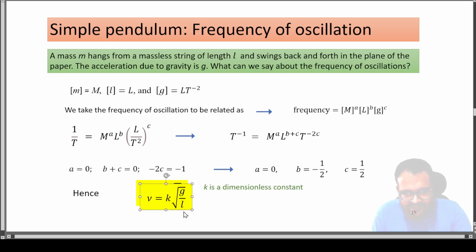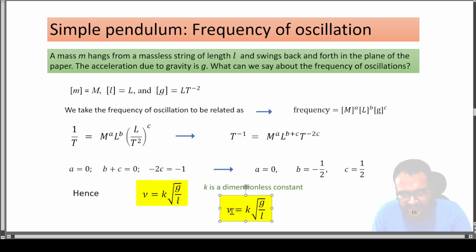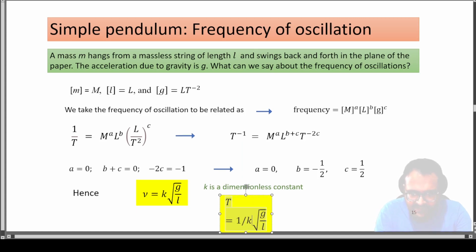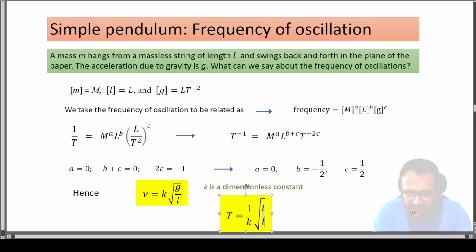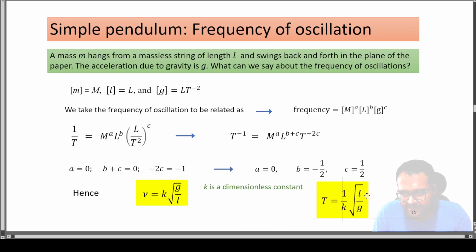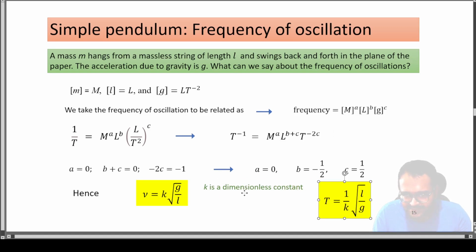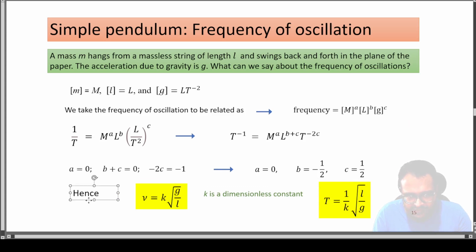As we see, your time period will be 1 by k times square root of L by g, because time period is 1 by frequency. That is a very familiar equation. You know that time period is 2 pi root over L by g from your basic physics knowledge. You may not know it, but don't worry.